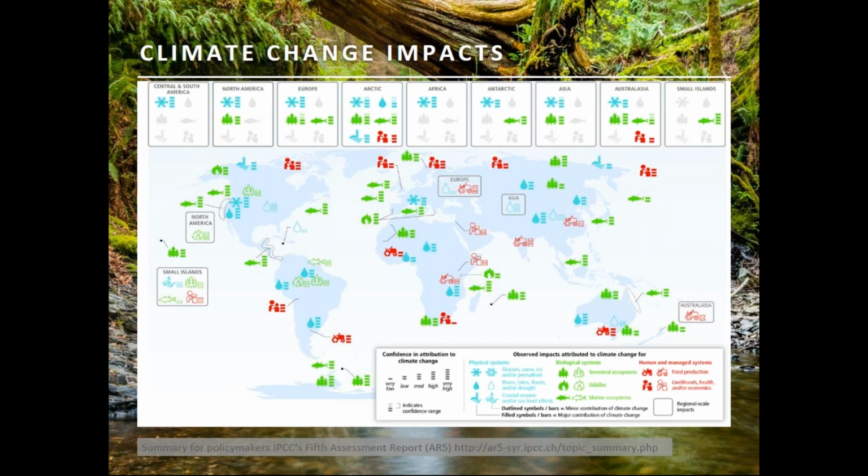So it's not the usual expected impacts of climate change, but the observed impacts verified by peer-reviewed scientific articles all around the planet. So there are climate change impacts going through the planet, and it's not just what we expect to come in the following years, but it's currently happening, and that's really threatening, and that's really worrying.